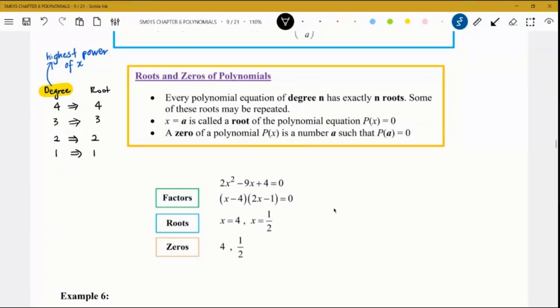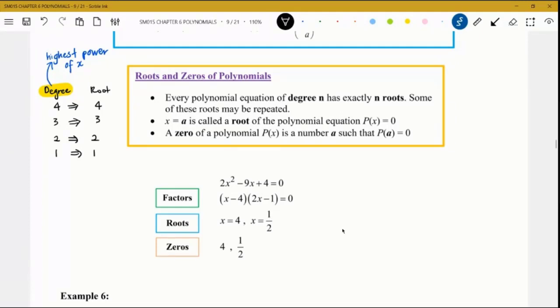If your final answer is in the wrong format, you will lose one mark at the end. So factors in terms of brackets, roots with x as subject, zeros only the values.